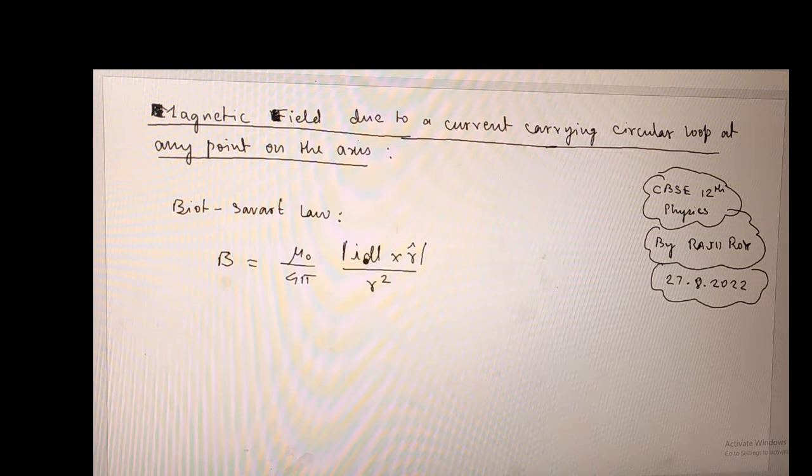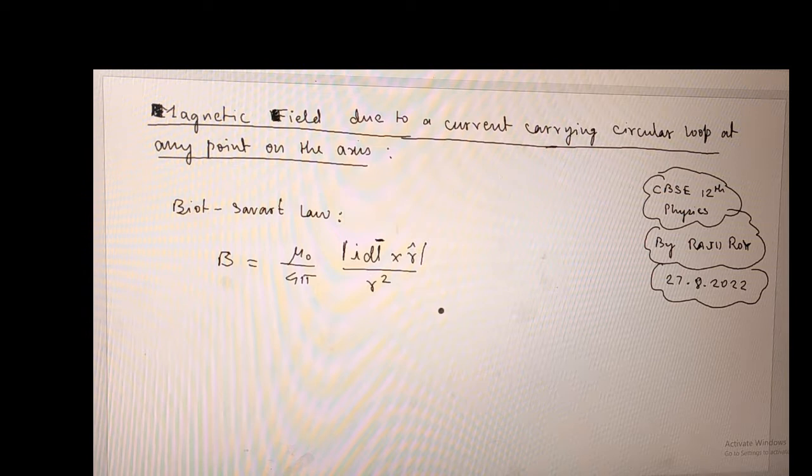Here, I dl vector is along the current, and r cap, that unit vector r, is the vector from the source to the point where we want to find out the magnetic field.